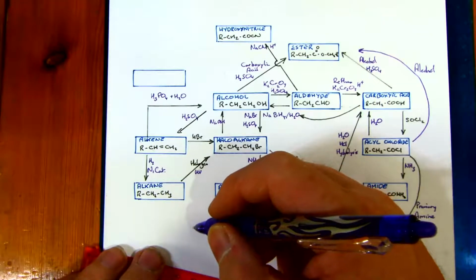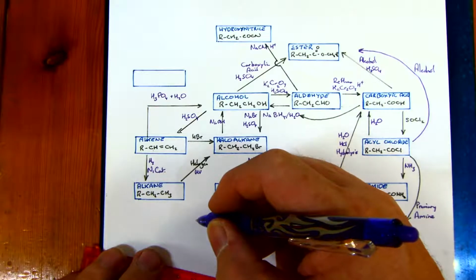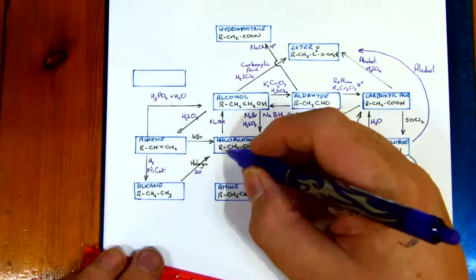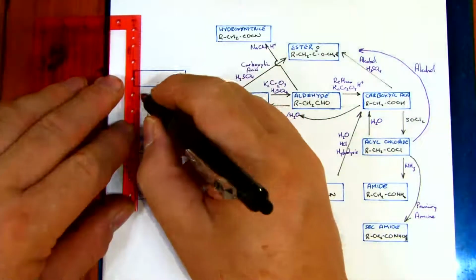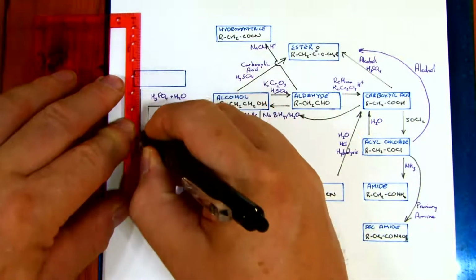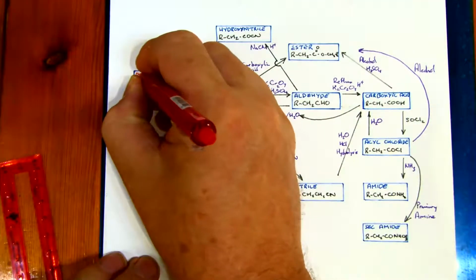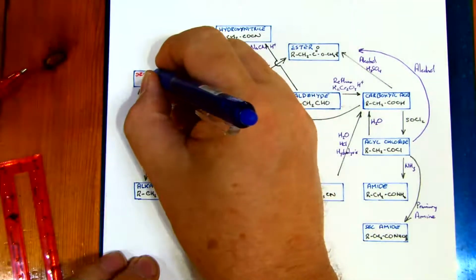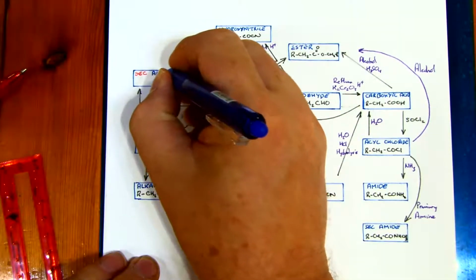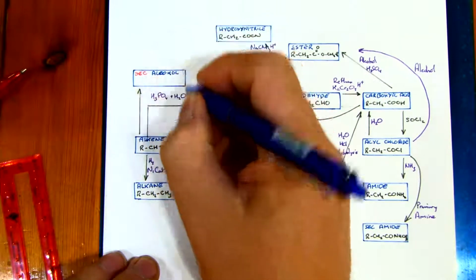So I'm saying an alkene, HBr, yeah, that will do. Whereas if I do it the other way, we might get here our secondary alcohol.